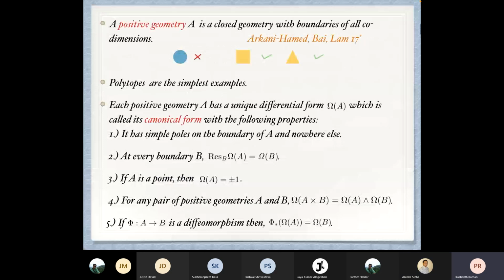Then subsequently, this was extended to some scalar theories also, like bi-adjoint phi-cubed theory, which is part of what we're going to talk about today. Since the connections kept getting stronger and stronger, people thought maybe we should introduce a framework through which all these things can be better said.